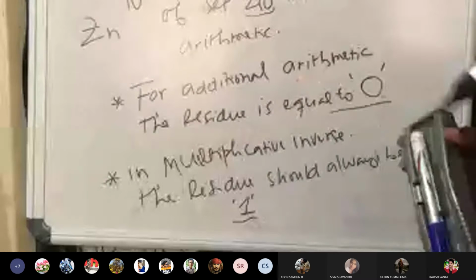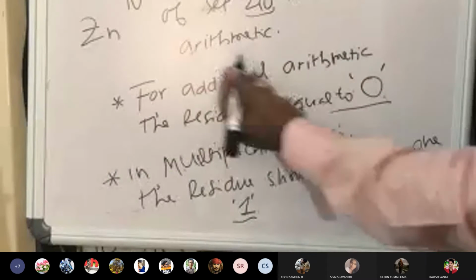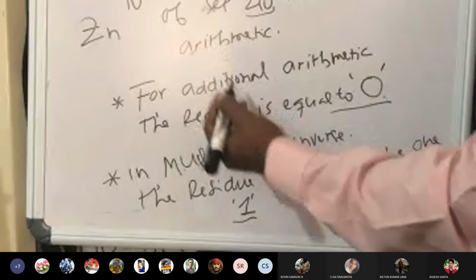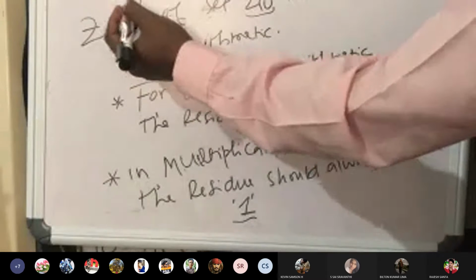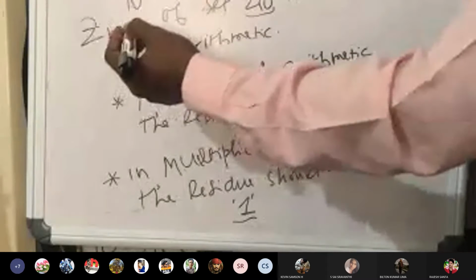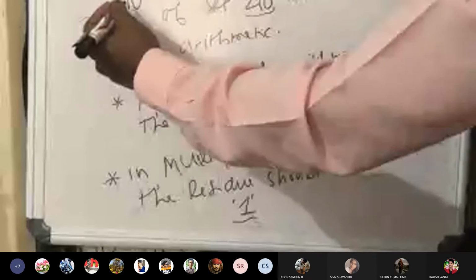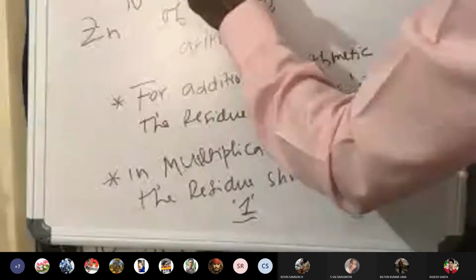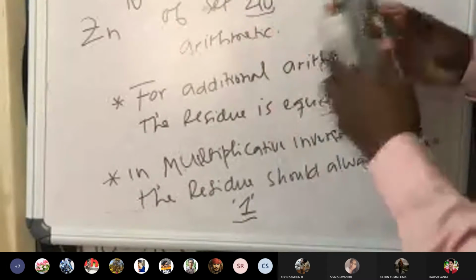Before I go further, for the set of integers, since the additive inverse is 0, the elements which can give the residue of 0 below 10, for example, if you take 1 plus 9 mod 10, let me erase this one.